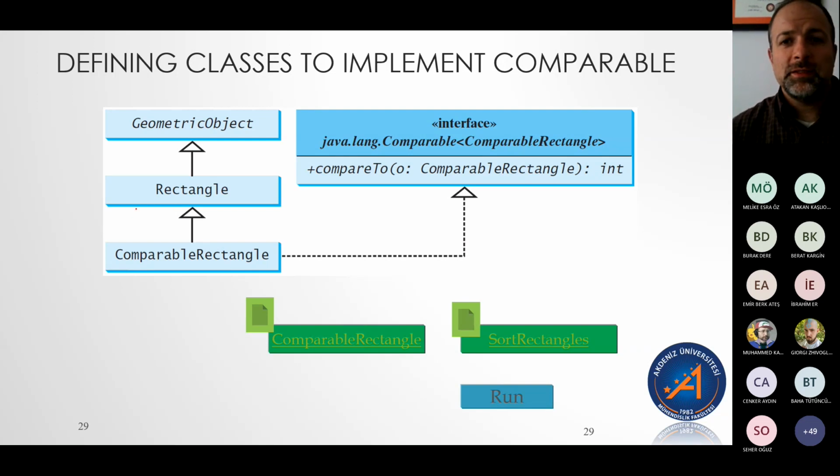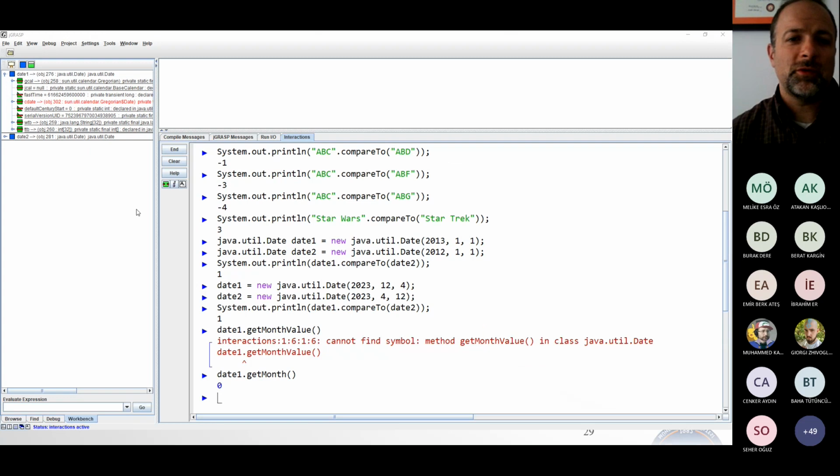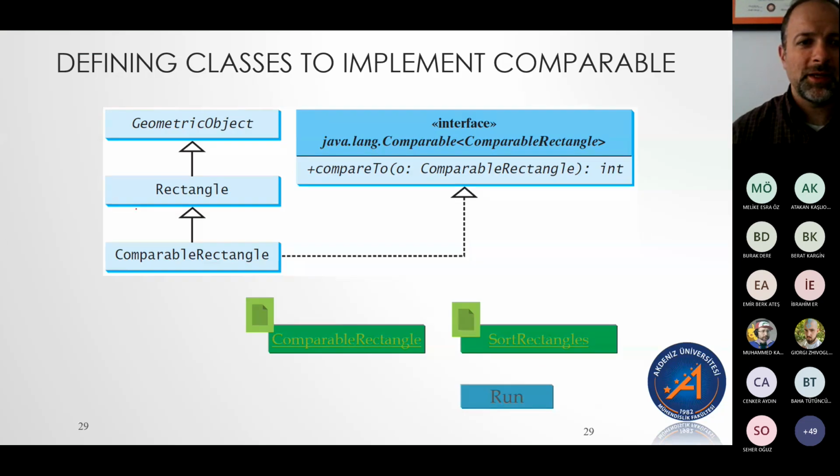We could not say if one rectangle was greater than, less than, or equal to another rectangle. I think we did have the equals method to figure out if they were the same value, right? Maybe we could do based on the same area or the same something else, right? But the comparable rectangle, we're going to be able to say which one is greater, which one is less.